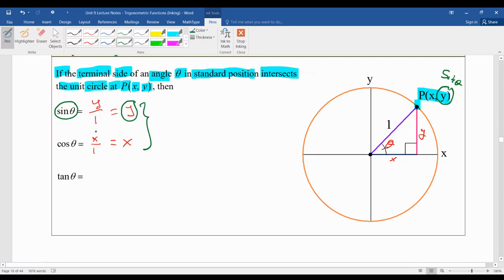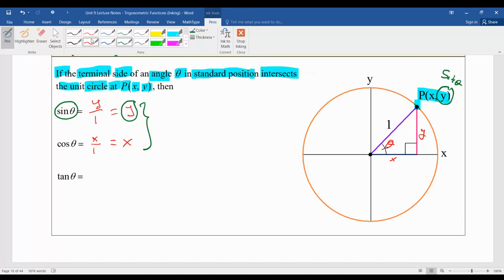And dividing anything by 1 remains as is. So therefore, the sine of theta equals y. It means this is an identity. So any y coordinate would be the value of sine of theta.